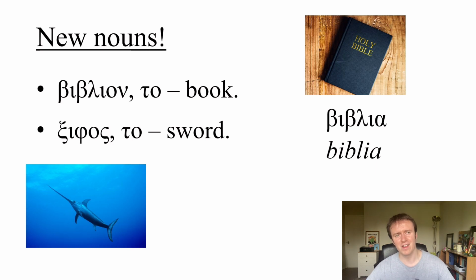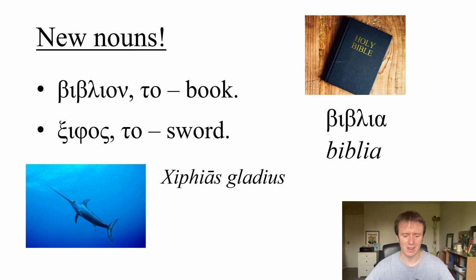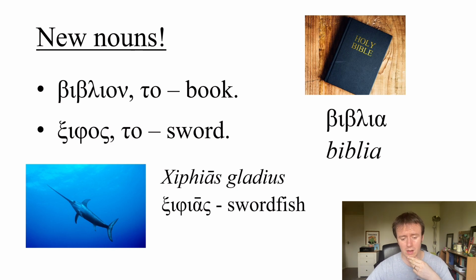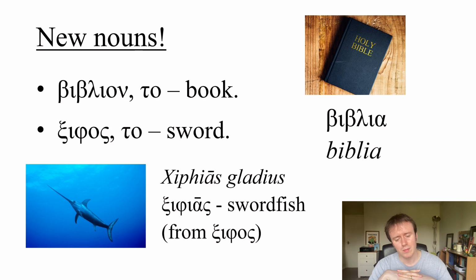And the scientific name for a swordfish, that is to say the Latin name for a swordfish, is Xiphias gladius, which literally means a swordfish sword, because Xiphias is the Latin transliteration of the Greek word xiphias, which means swordfish, and that word xiphias itself comes from xipos, meaning sword.